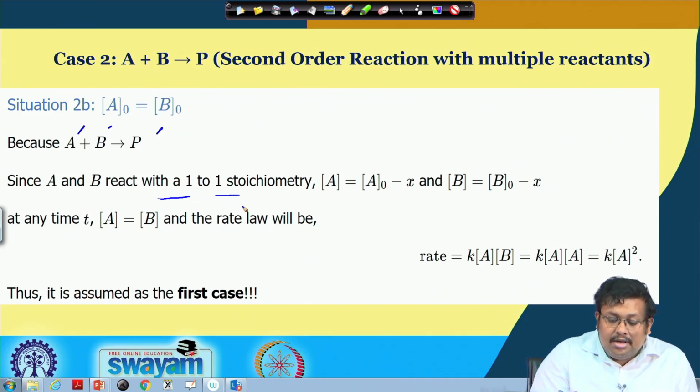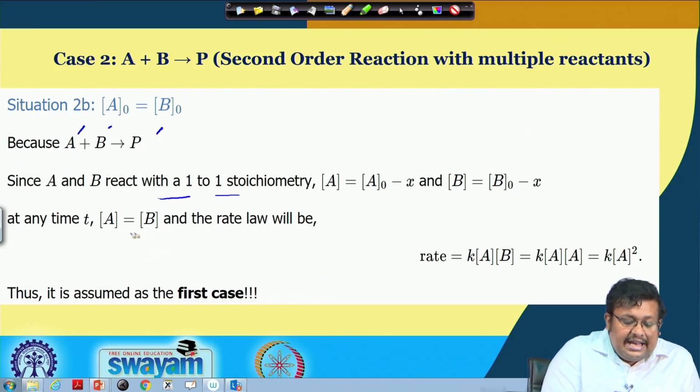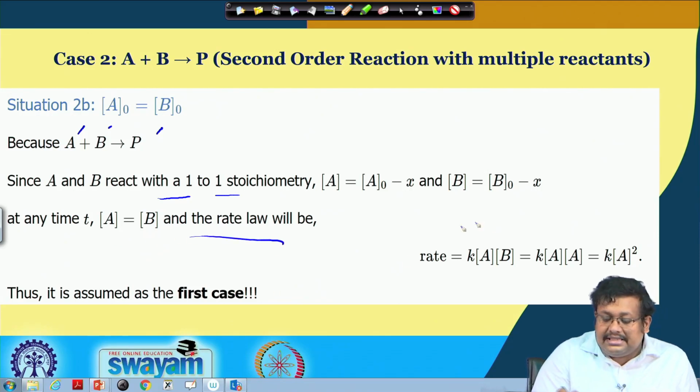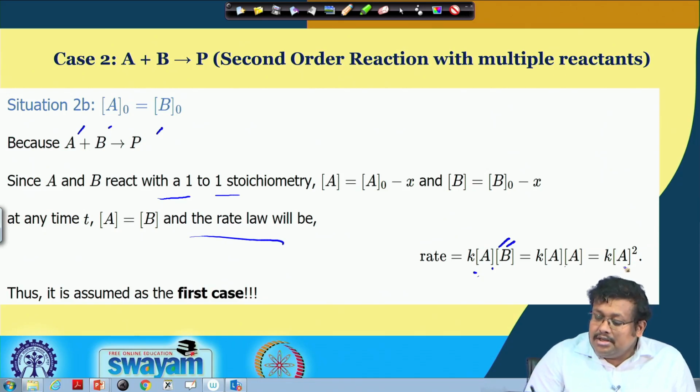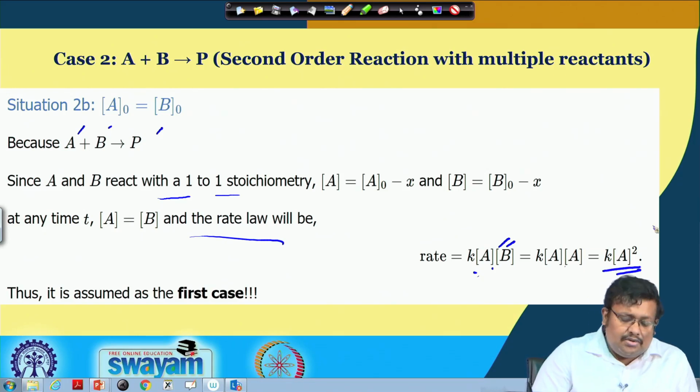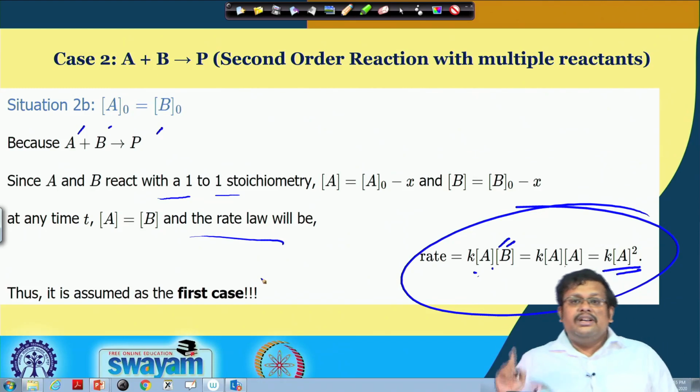So, concentration A equals A0 minus x and concentration B equals B0 minus x. At any time t, A equals B, and the rate law is rate equal to k into A into B. Now, we can replace B with the concentration of A because both of them are the same. So, we get rate equal to k A squared, which is the first case we have already discussed.